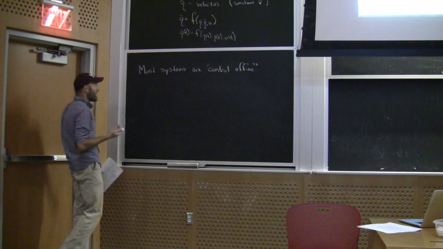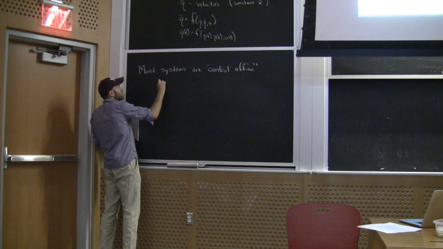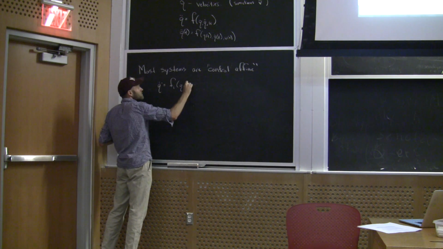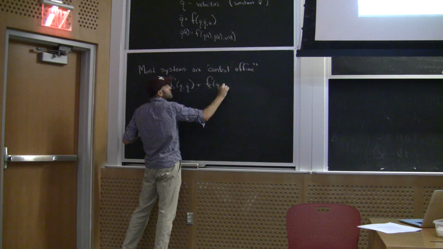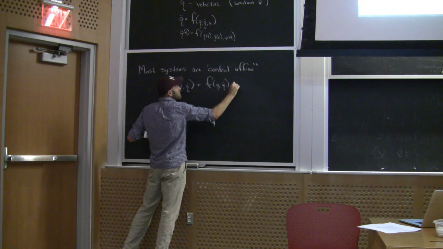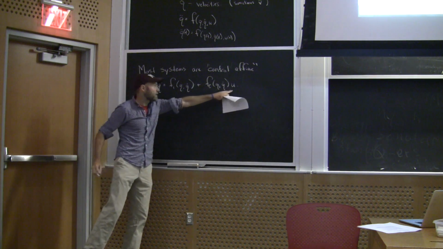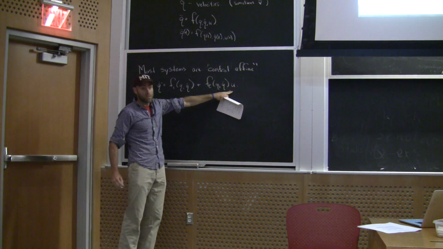So the dynamics are affine in u. Okay, so you'll be able to write the system in a more specific form like this, just being extremely explicit about how u enters the equation. And we're going to take advantage of that all over the place, okay?